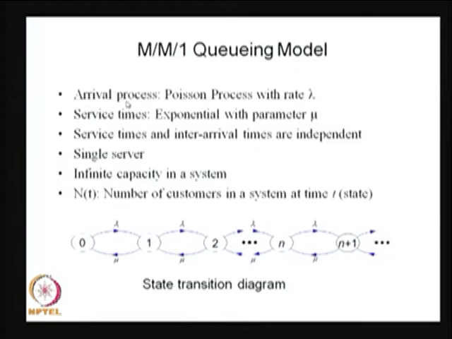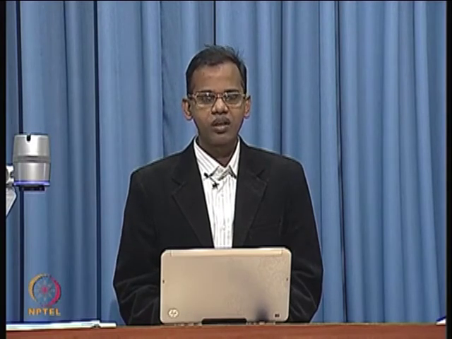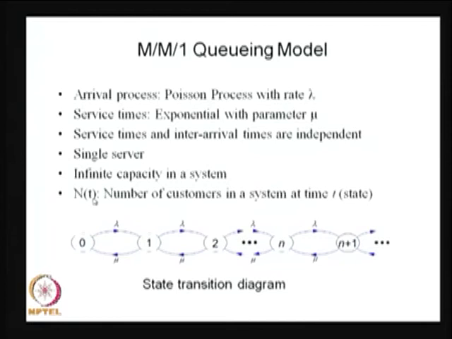Since the inter-arrival time and the service times are exponentially distributed, the memoryless property is going to be satisfied throughout all the time. Therefore, this is a discrete state, continuous time stochastic process satisfying the Markov property. Therefore, this is a Markov process.